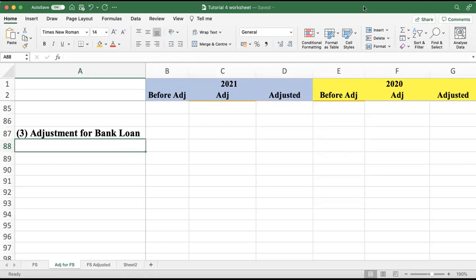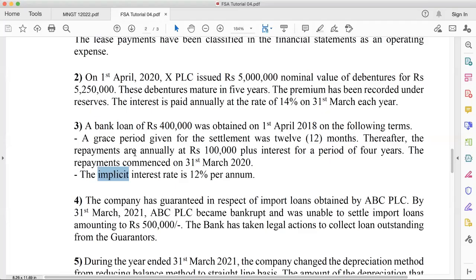Now we'll see the question again. You got the bank loan on 1st April 2018, so that is year 2018-19. But the first year is a grace period, so during the first year you don't have to pay anything. Thereafter, repayments are 100,000 plus interest, from the second year onwards, 2020 onwards.